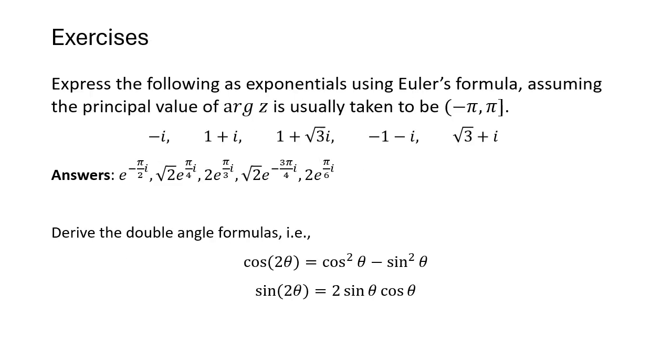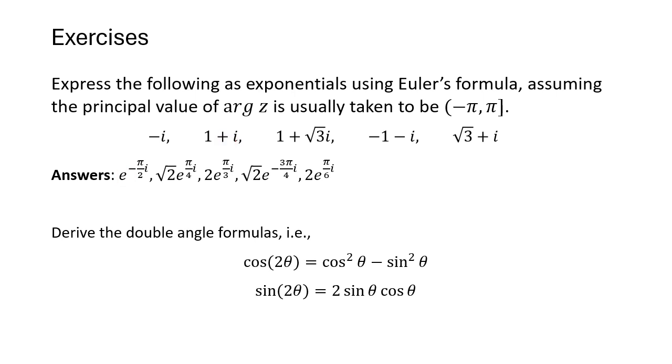Okay, we have a few examples for you to try. Convert the complex numbers shown here, which are in the Cartesian format, into polar format using the exponential form. And I give you the answers here. Two of them we've already kind of worked on.